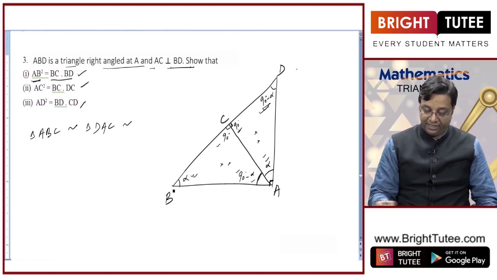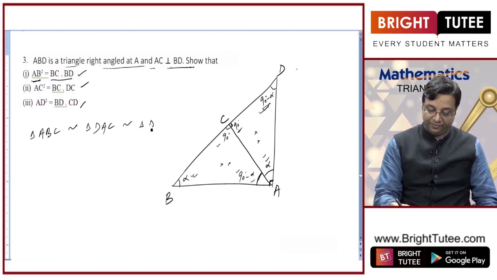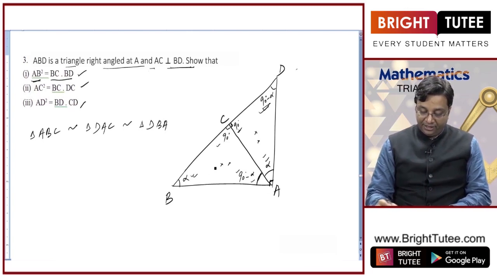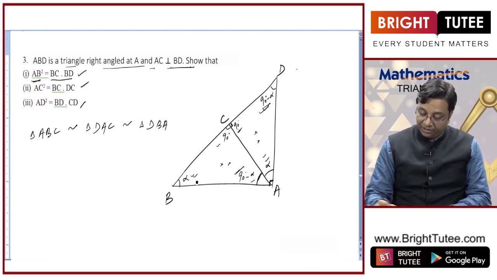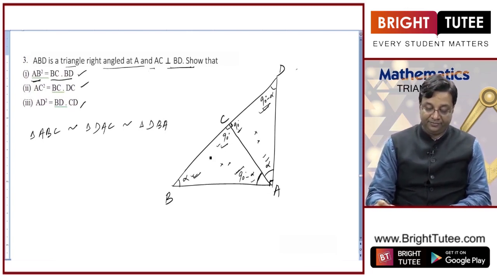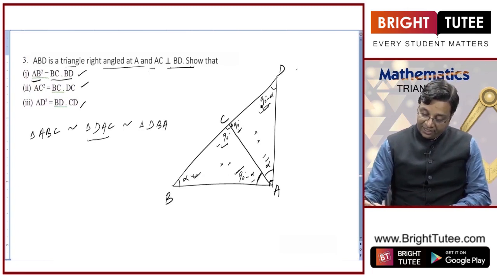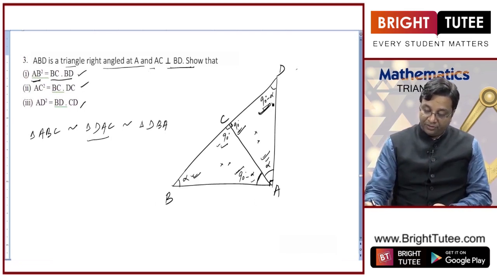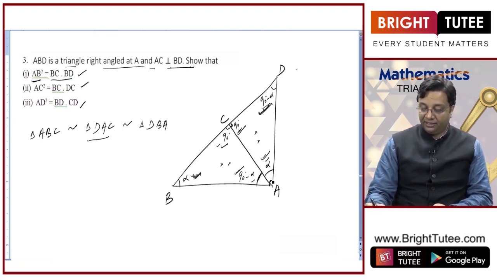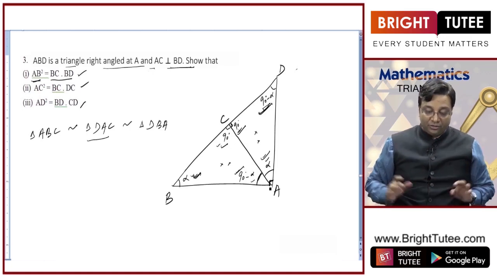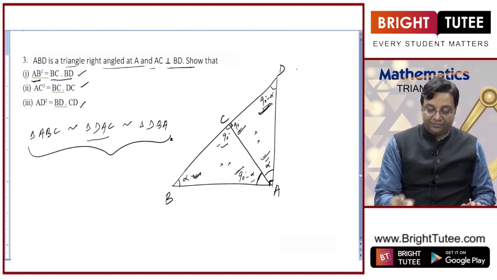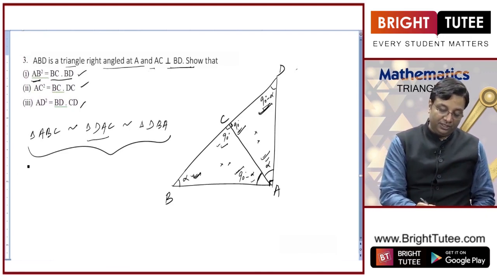So DBA. Right. ABC, I go from 90 minus alpha to alpha, then 90. In DAC, I go from 90 minus alpha, alpha, then 90. And in the bigger one, that is DBA, I go from 90 minus alpha, alpha, and then come to 90 degrees. So yes, the correspondence is correct. Now we will use this relation or this similarity to prove these three results.